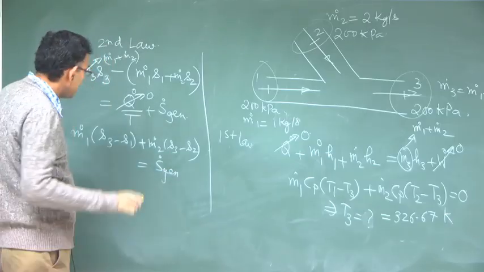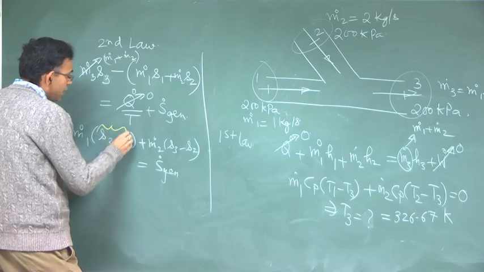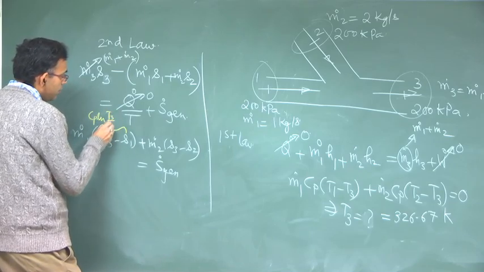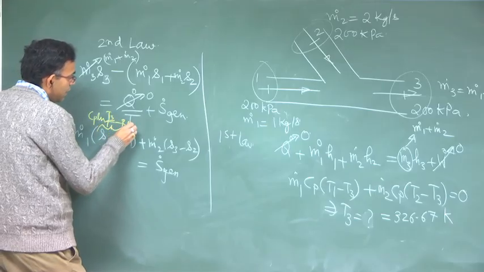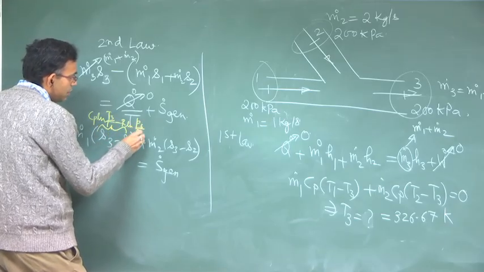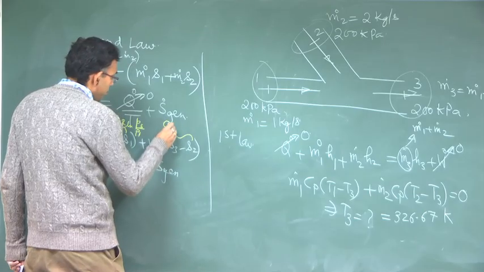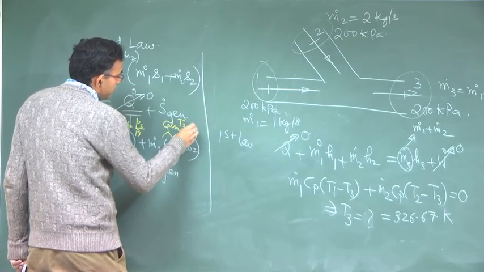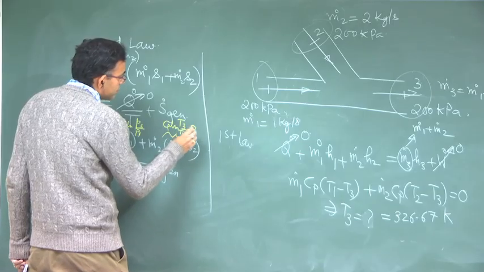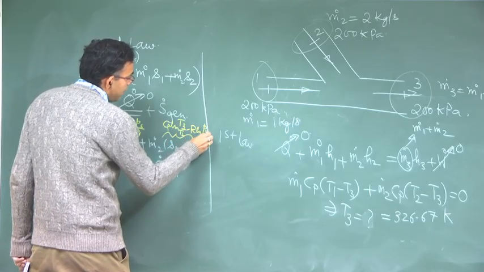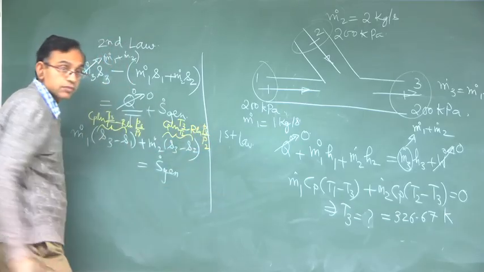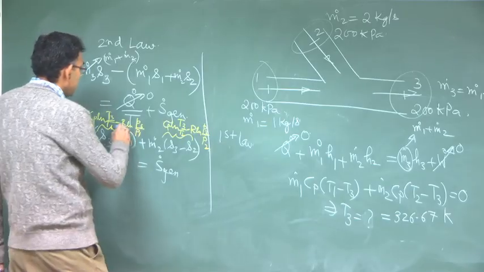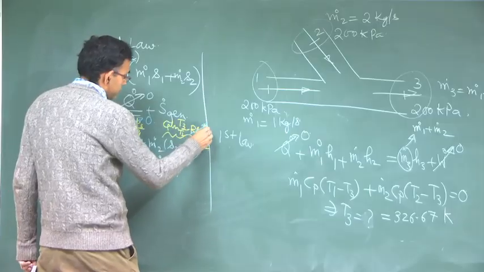If you consider a constant Cp, Cv ideal gas, this is Cp ln (T 3 by T 1) minus R ln (P 3 by P 1), and Cp ln (T 3 by T 2) minus R ln (P 3 by P 2). All the pressures are the same, so this term is 0 and this term is 0.